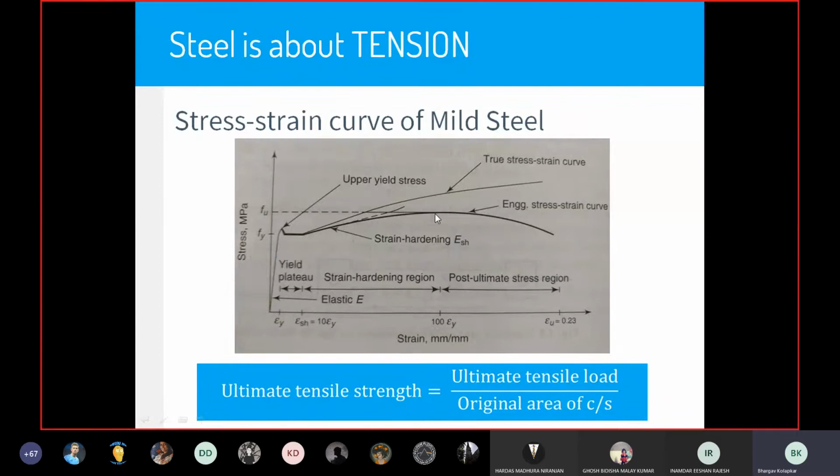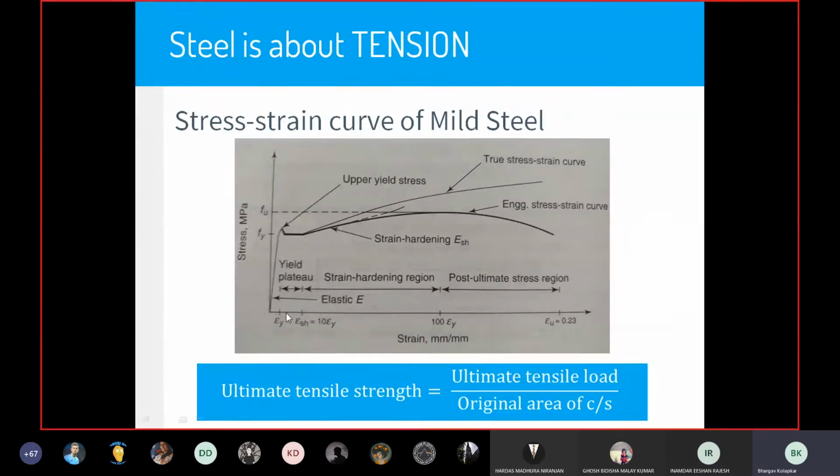Then we get a value of maximum resistance, which is Fu, called the ultimate tensile strength. This is the ultimate. When we say something ultimate, it is the highest. It is the highest stress that the material can take, and after that, it gradually leads to failure, or it leads to fracture. Do you understand this curve? Yes. Okay. Great.